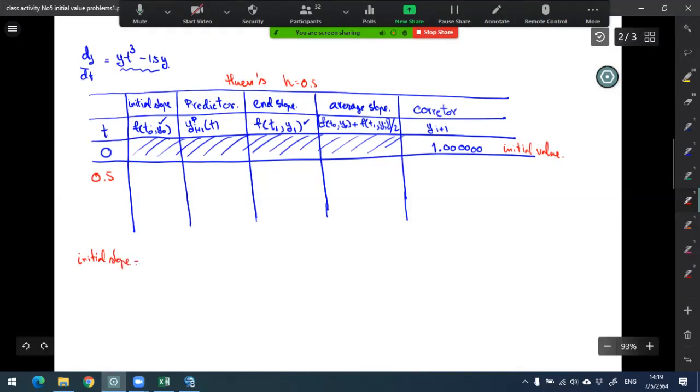Initial slope is equal to yi, right? yi for this case is equal to 1, multiplied by t equal to 0 cubed, minus 1.5 times y which is 1. Okay, this is the initial slope. So it becomes 1.5.